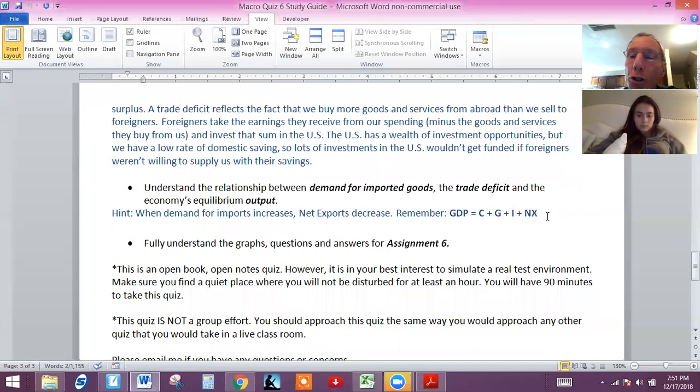So if imports go up, net exports goes down, which lowers our overall GDP. And that's pretty simple. The last thing is make sure you understand all the problems for assignment 6, and you won't have any problems with the quiz.